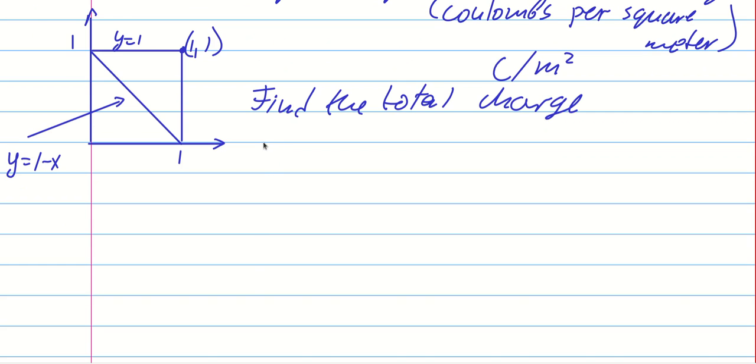All right, so we know that the total charge is a double integral over the region D of sigma dA. Let's think about our y. Our y is changing in this direction over here. So it goes from this line to this line over here.